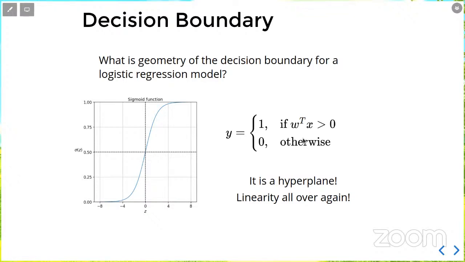You look at every point in Rn and ask, is W transpose x greater than 0 or less than or equal to 0? Depending on that, you color that particular point, and whatever boundary you get is the decision boundary. So the set of points for which this is greater than 0 is one half plane, a typical half plane. Is that convincing?